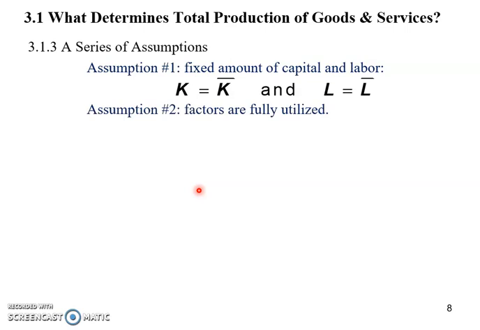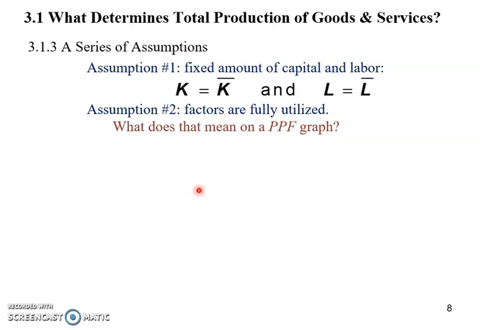The second assumption is the factors are fully utilized. In other words, nothing is wasted. Every unit of capital and labor is efficiently used in our production. Now, here I would leave this question for you. What does that mean on a PPF graph?